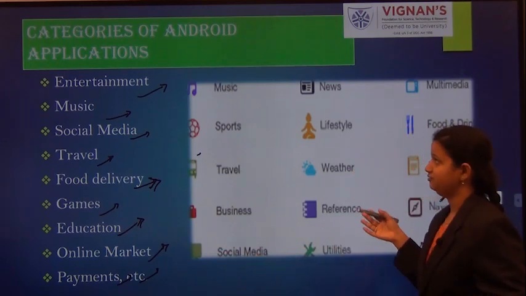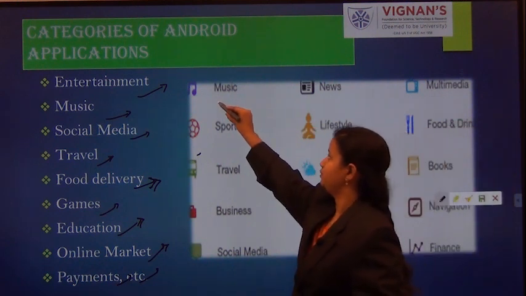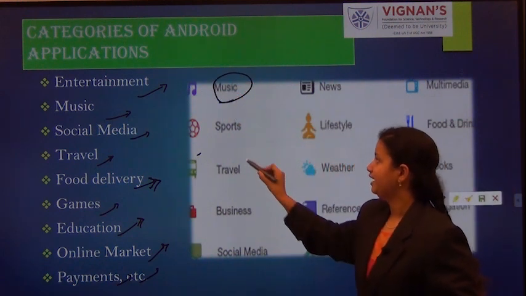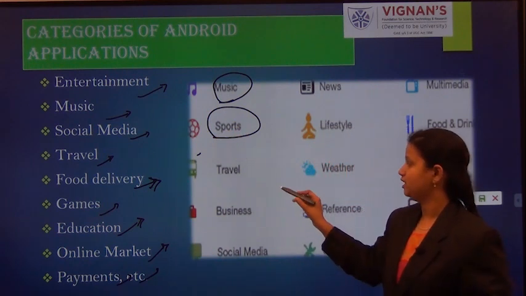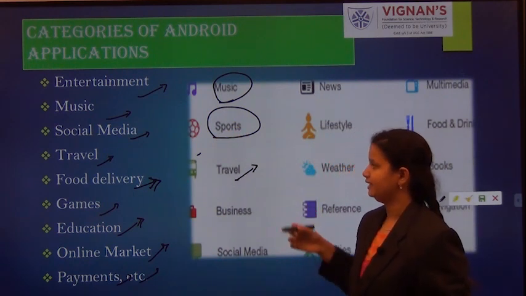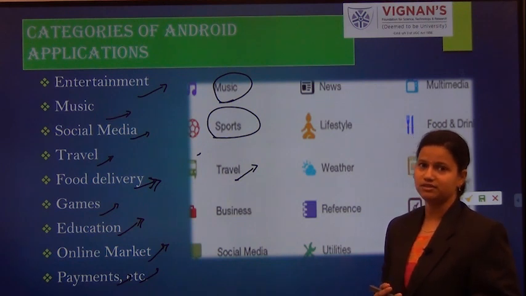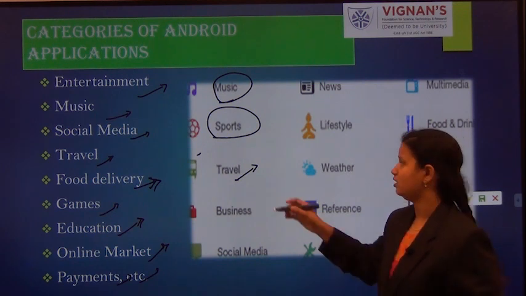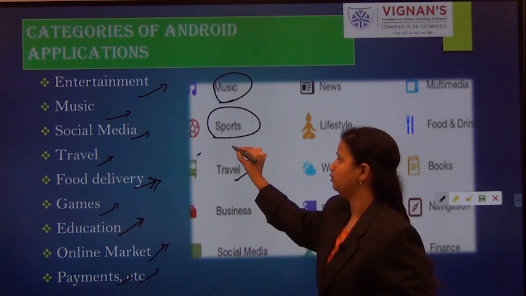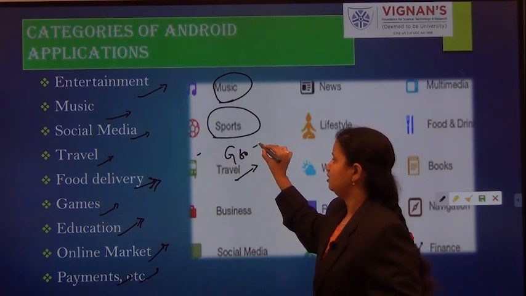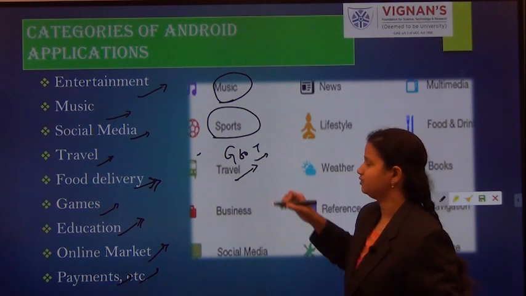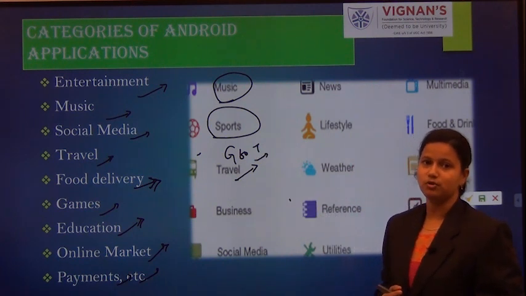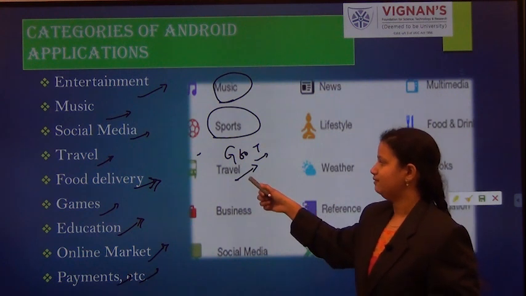And these are also different application areas: music, where we refresh our mind, and sports, where we play games. The next one is travelling, where we book a ticket from one place to another, or check what the cost is when we want to travel from Guntur to Tenali, or from Guntur to Hyderabad. We can check the cost of the ticket, and that is also possible by using a travel app.